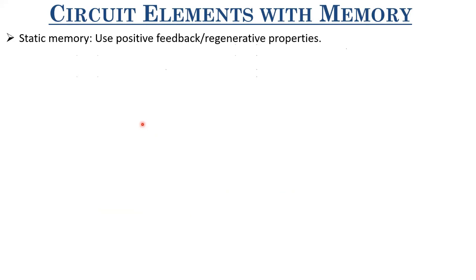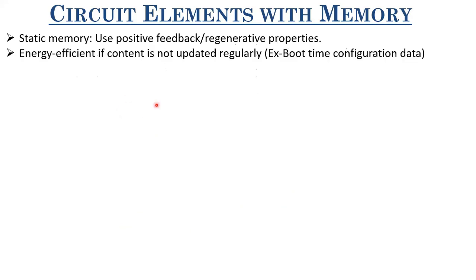One is static design, where we use positive feedback or regenerative properties to realize these registers. However, it is energy efficient only if the content is not updated regularly. If the content is updated regularly, then you have a lot of power dissipation, right? So static memories are energy efficient as long as the contents are not updated regularly.